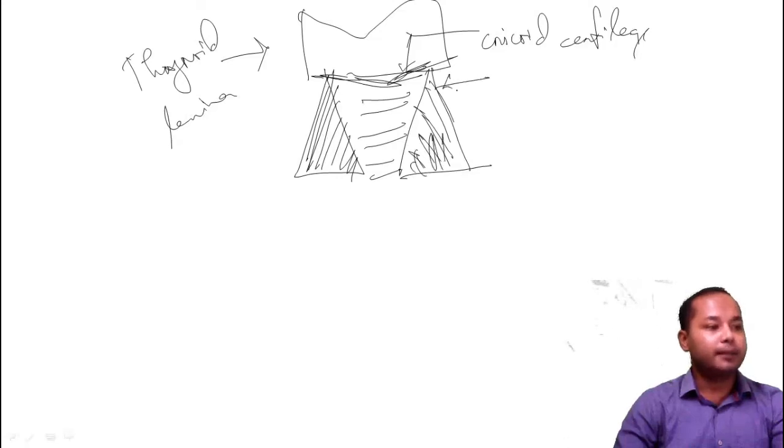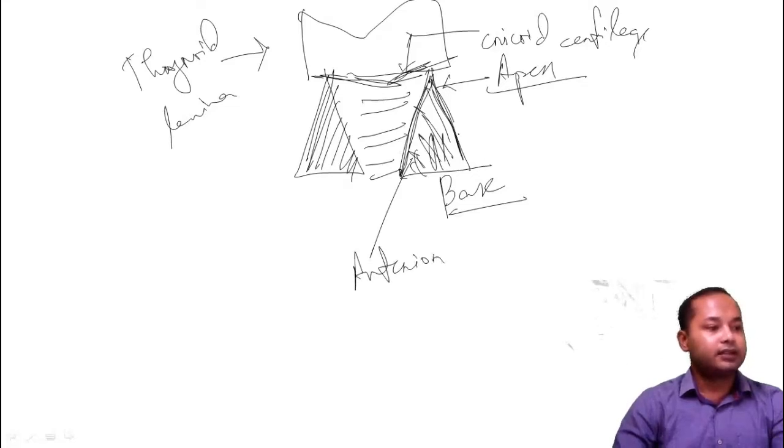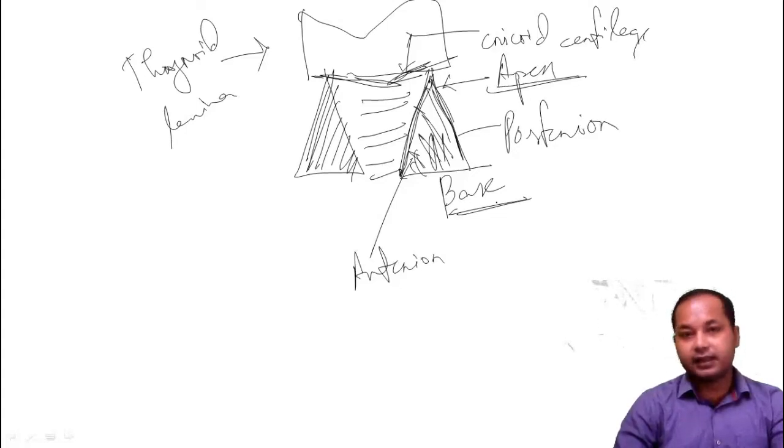It has one apex and a base, and it has two borders: one is the anterior border and one is the posterior border. So it has an apex and a base, just like you have studied about the adrenal gland.